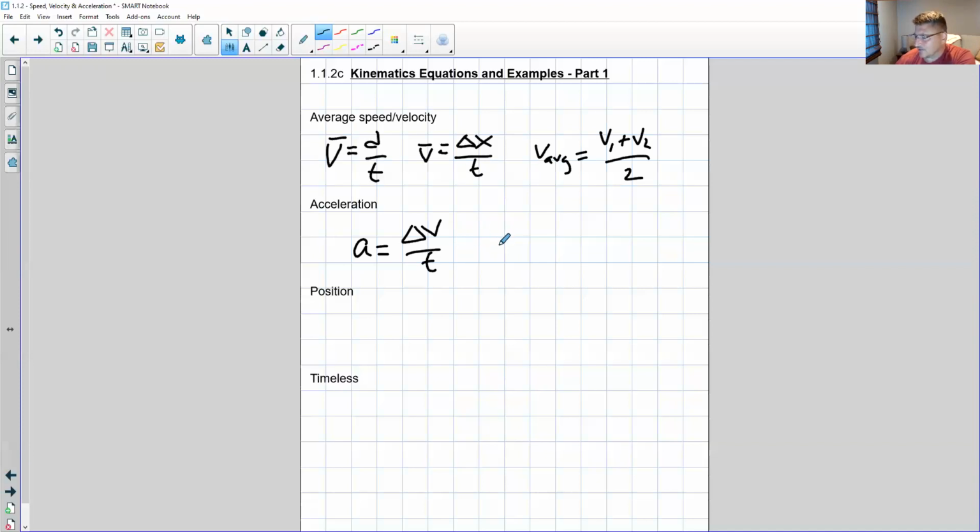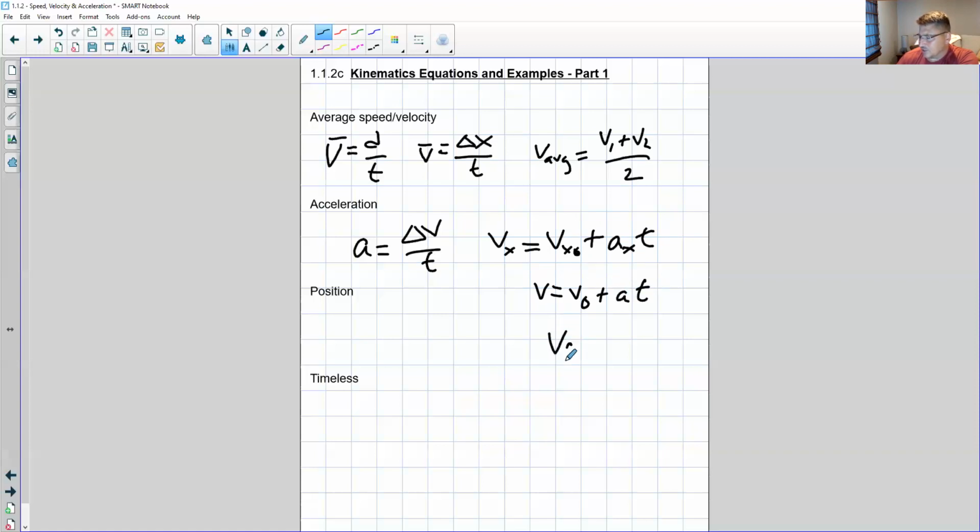We could also rewrite this equation to say Vx, which means the speed at some position x, is equal to Vx naught, which is the speed at the starting position, plus axt. Now, this is the way it's written on the AP reference tables. You can do various shortcuts for this. You can just say something like v equals v naught plus at.